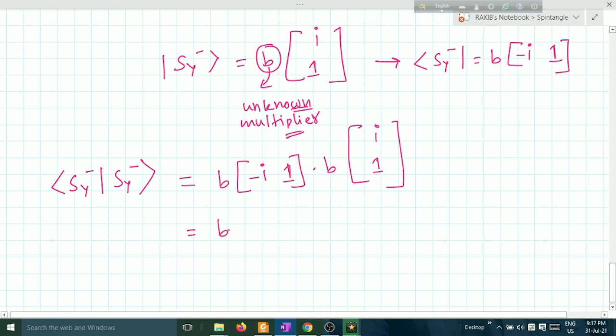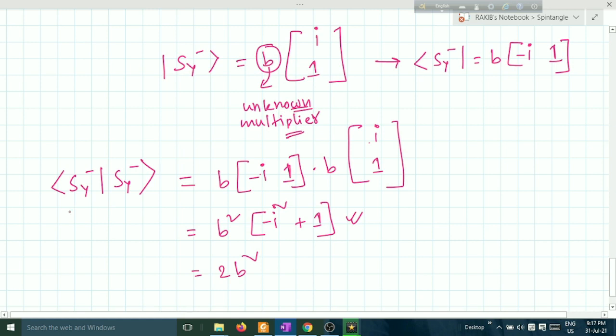How to solve this? By normal matrix multiplication. This means b square. This i will be over this i, this will become i square, minus i square plus 1. Minus i square means 1, so this is 2b square.